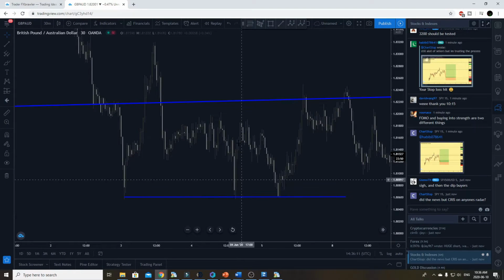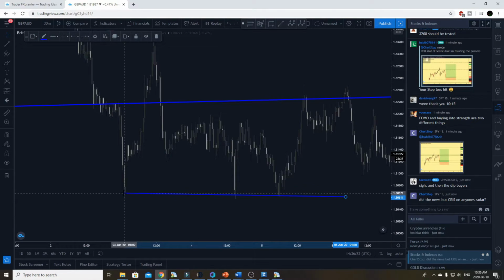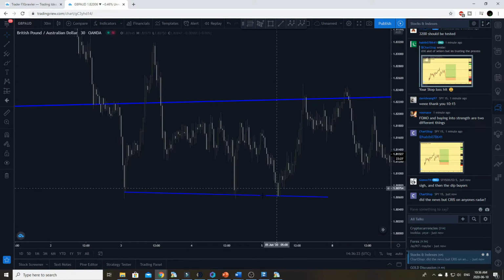And when I draw lines like these, when there's big wicks like this, I like to put my line at the 50%, like half of the wick is my starting point. So it creates kind of a descending line, and I try to catch the support like that.